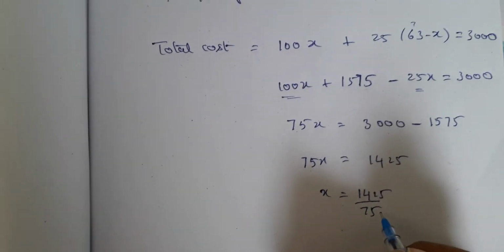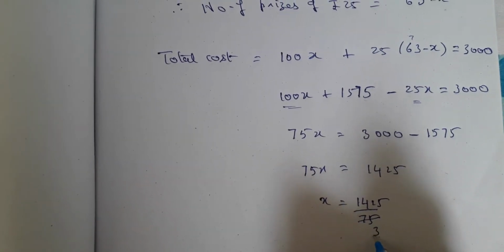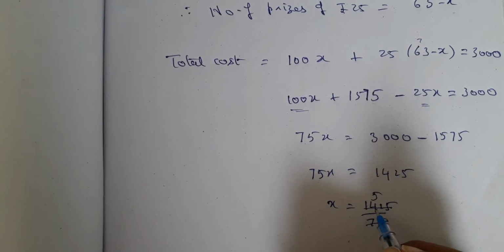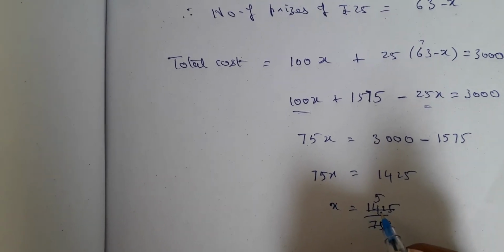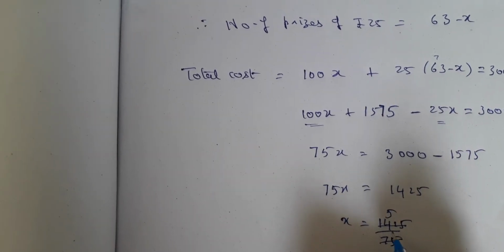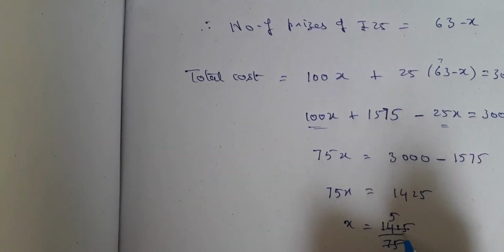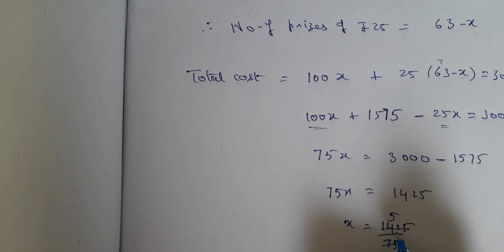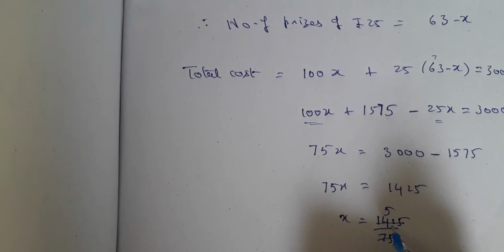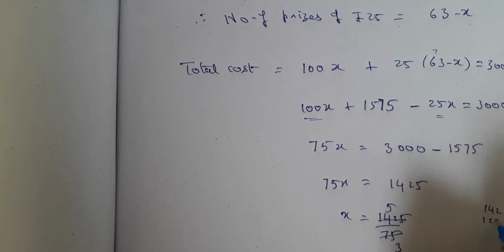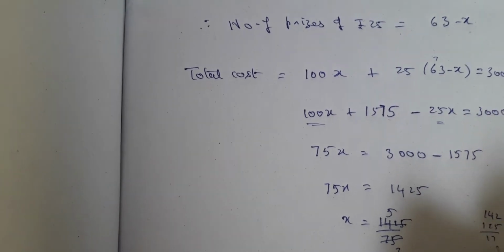I'll do it with 25. So 25 three times is 75, 25 five times is 125, 142 minus 125 is 17.